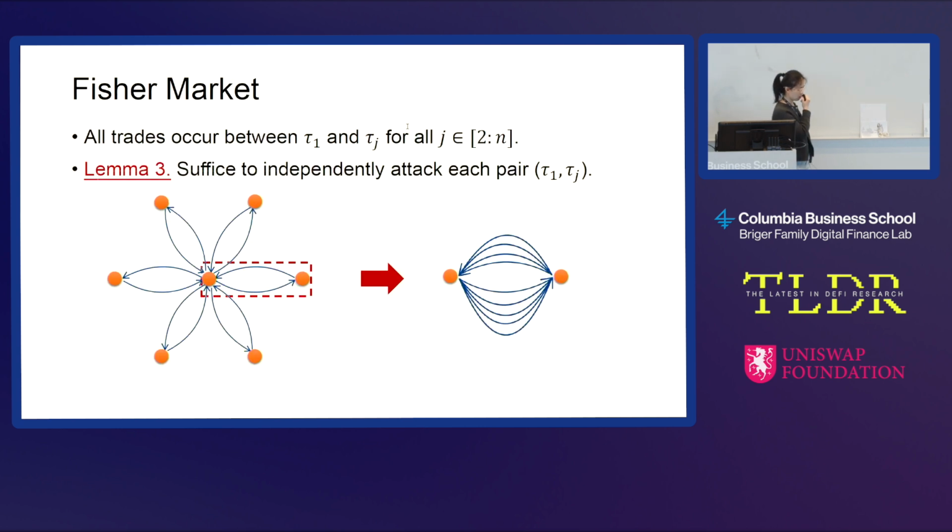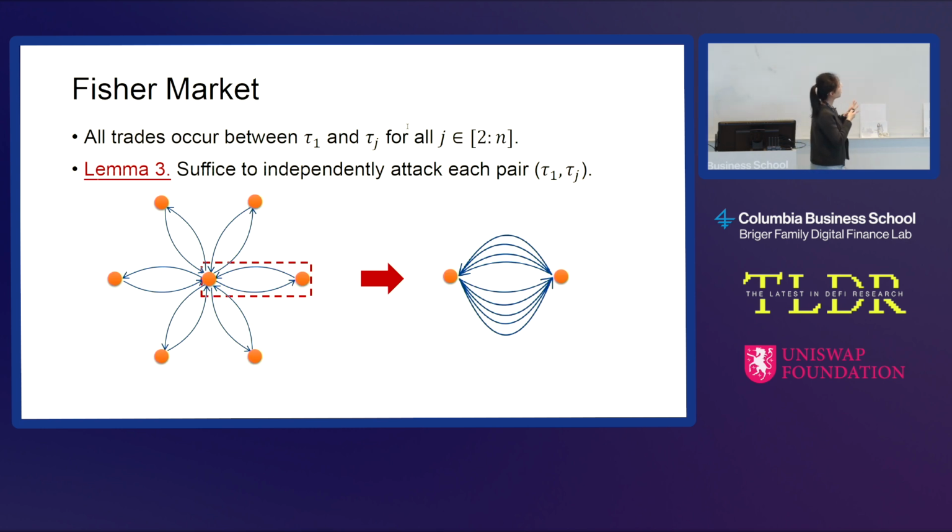Okay, here's our first result about the Fisher market. In the Fisher market, there is a special centralized token, and all transactions are trying to swap between this special token and all other tokens. So the graph looks like a star. And in this setting, I think the most crucial lemma is that it is sufficient to just independently attack each pair.